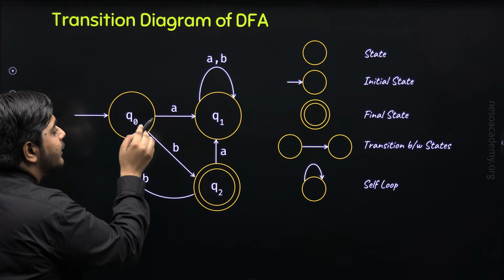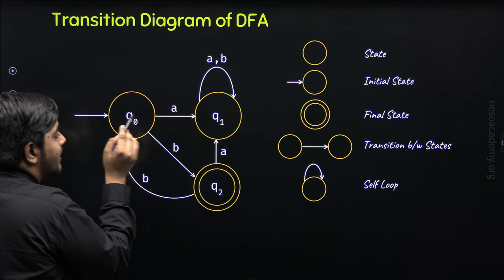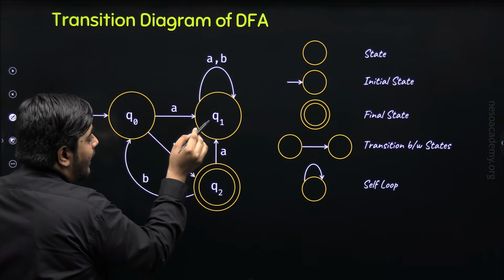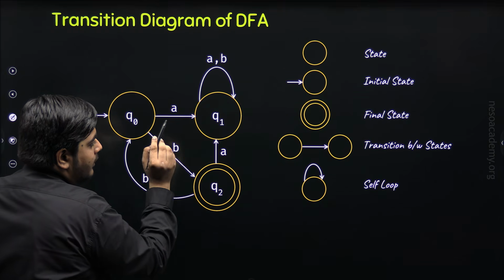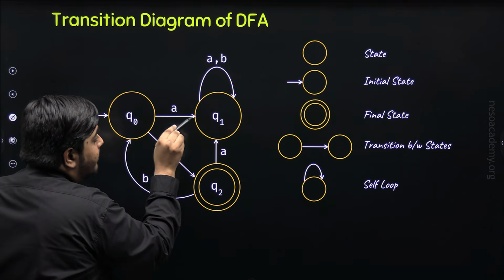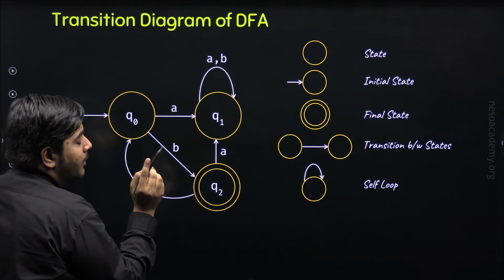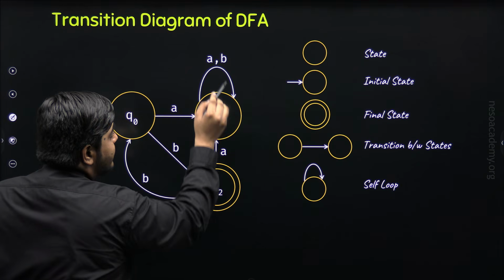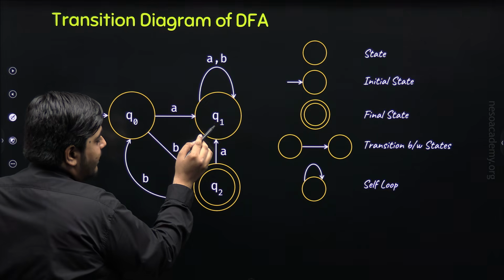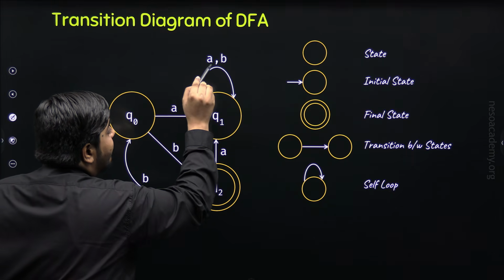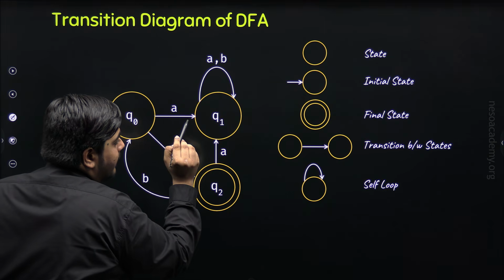If I talk about this normal transition, suppose I am at the state Q0 and after getting the input A, I reach the state Q1. Now, I cannot repeat this transition again once I reach the state Q1. But if I talk about this transition, suppose I am at the state Q1 and after getting the input A, I will get back to the same state Q1.